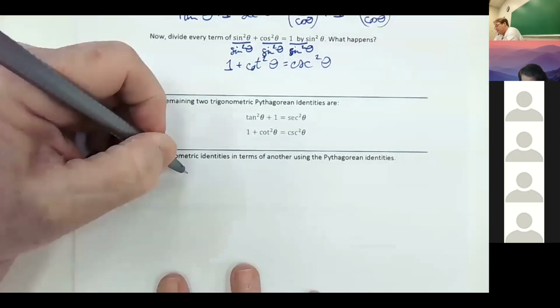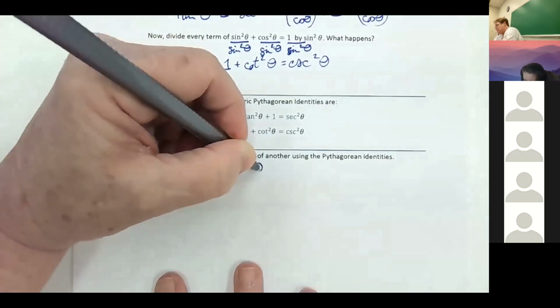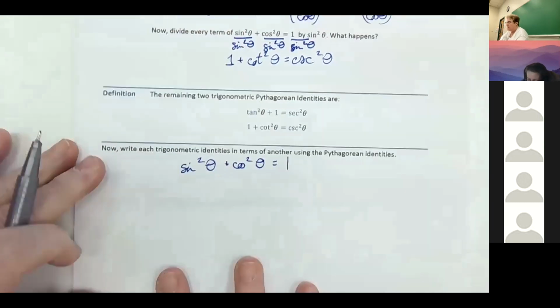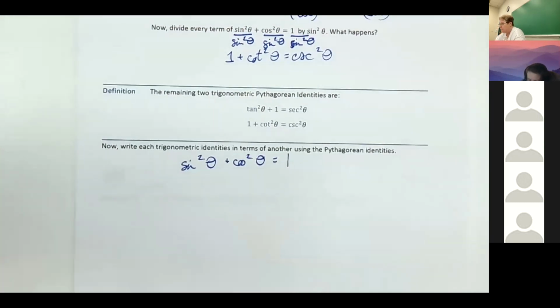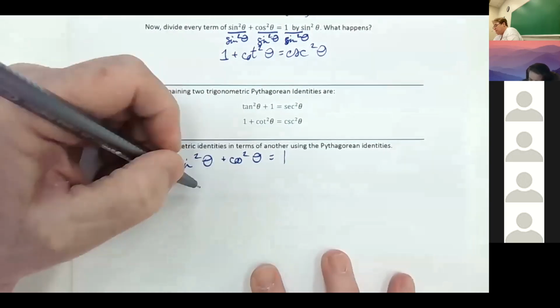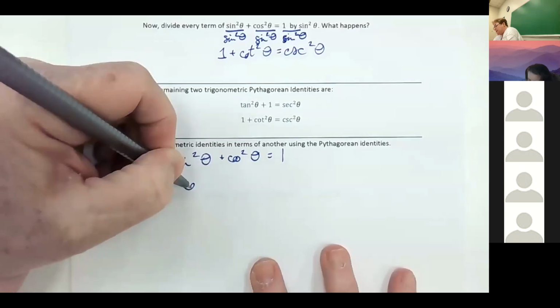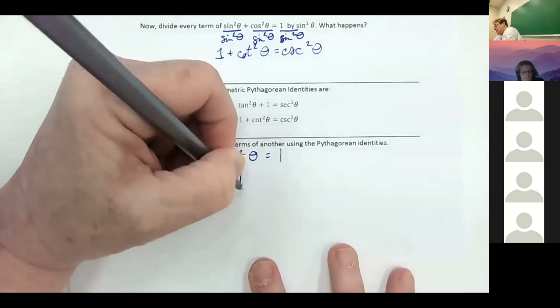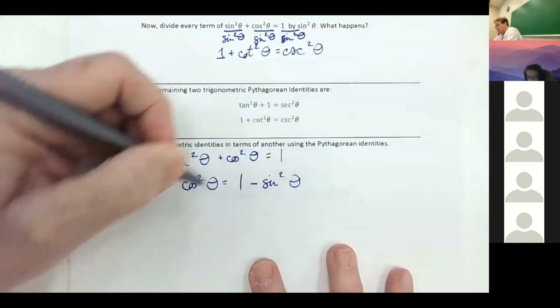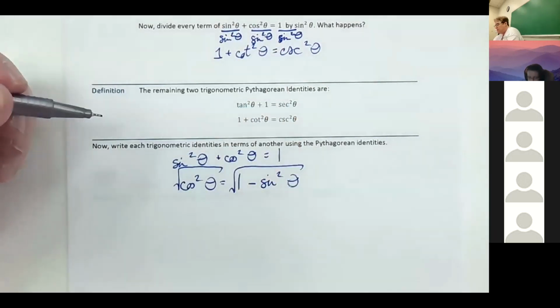So if we start with sine squared theta plus cosine squared theta equals 1, how can I solve this for sine? Okay, so cosine squared theta is 1 minus sine squared theta. And what do we have to do when we take the square root?